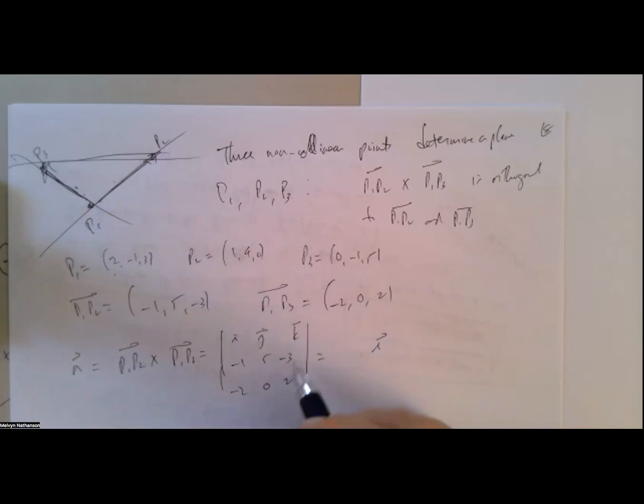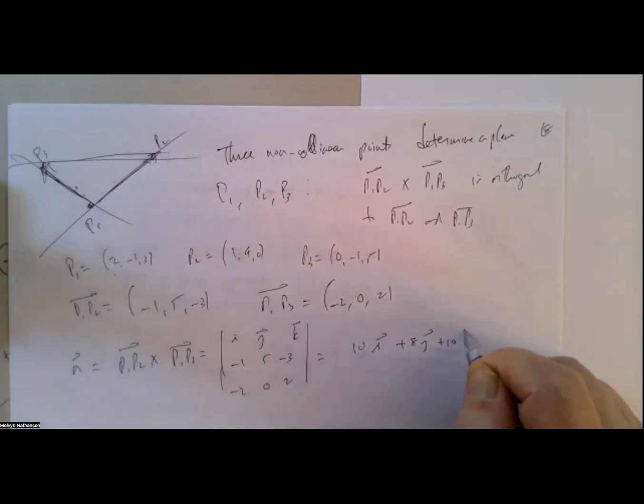If I calculate that, this has determinant 10. This has determinant -2, -6, -8, so minus minus 8 is plus 8. And this has determinant minus minus 10, which is plus 10. Okay. So that's my normal vector.